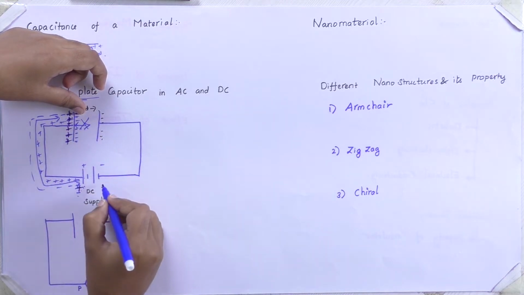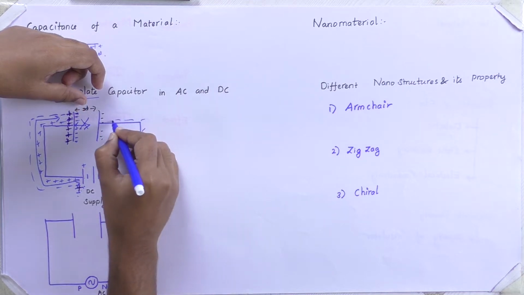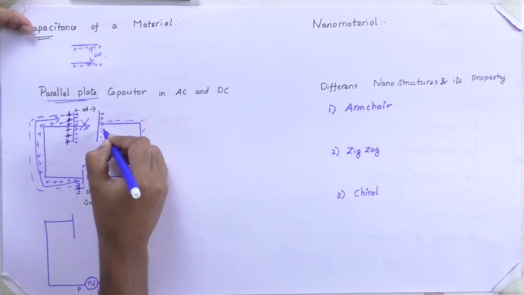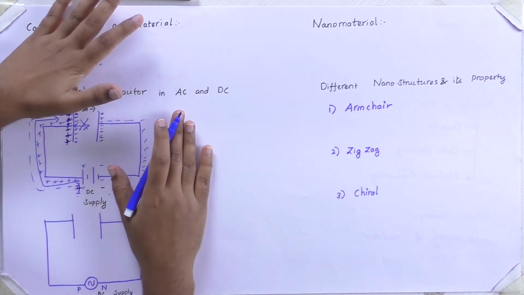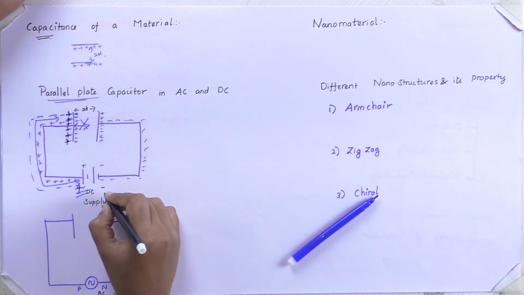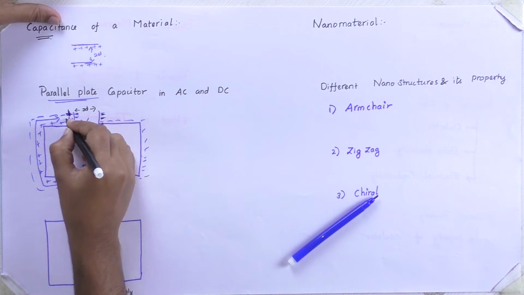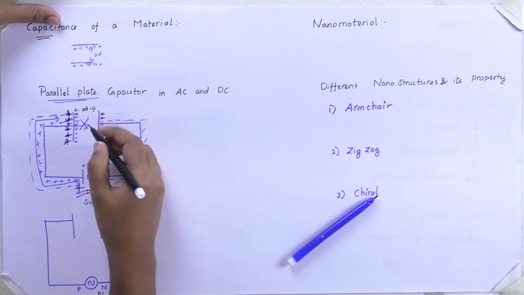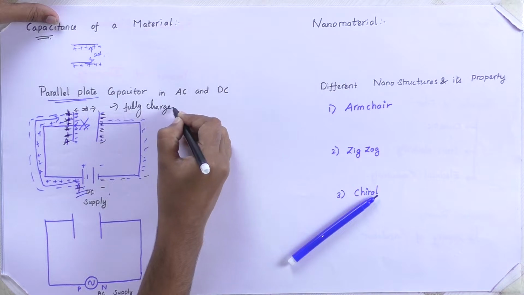Similarly, the negative charge will accumulate on the negative terminal of the battery. Once the full charge is completely accumulated on the surface, we can say the capacitor is fully charged.